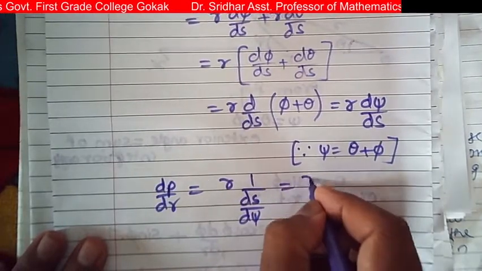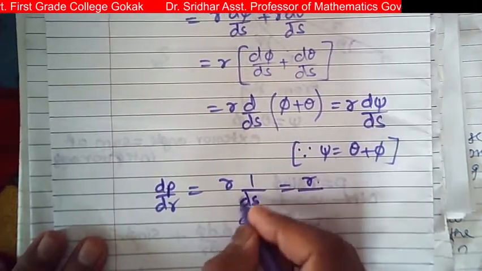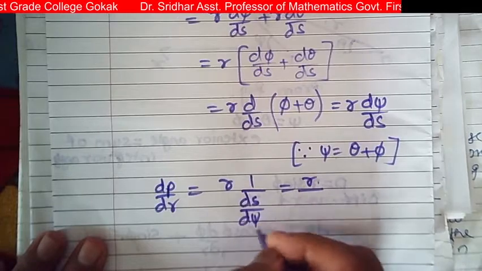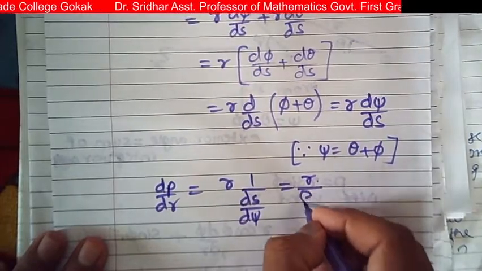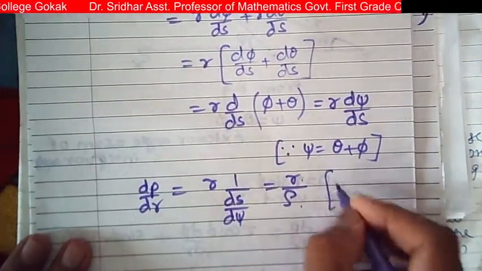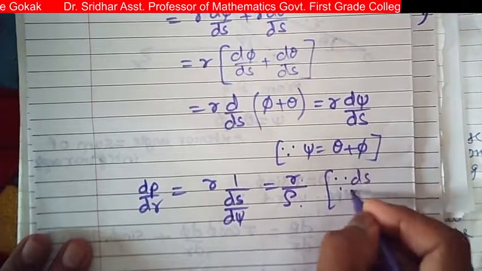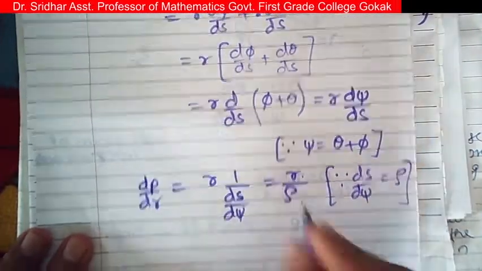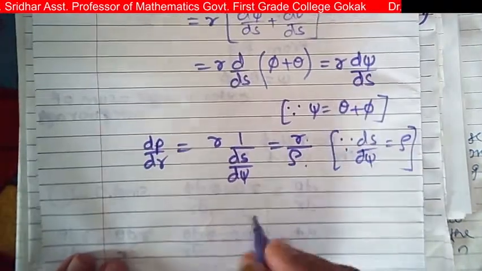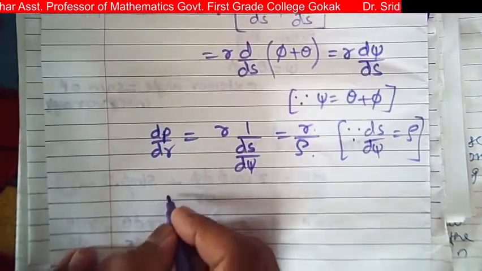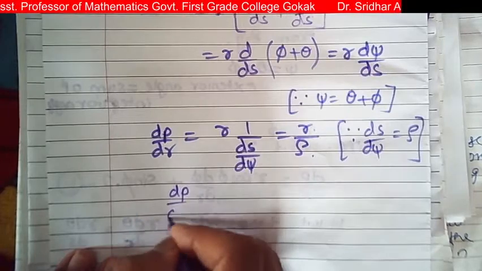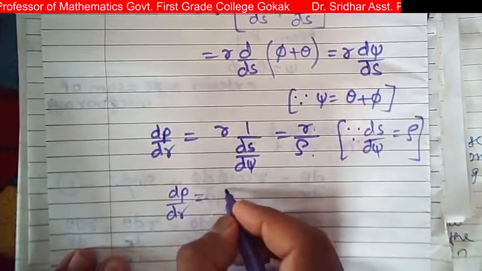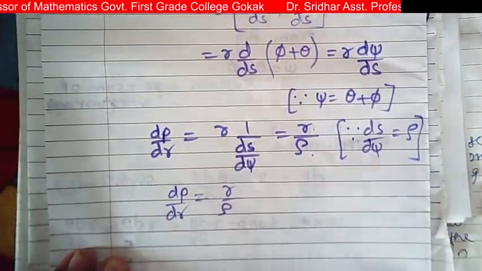Now ds by d psi is nothing but the radius of curvature rho. Therefore, we obtain dp by dr is equal to r by rho.